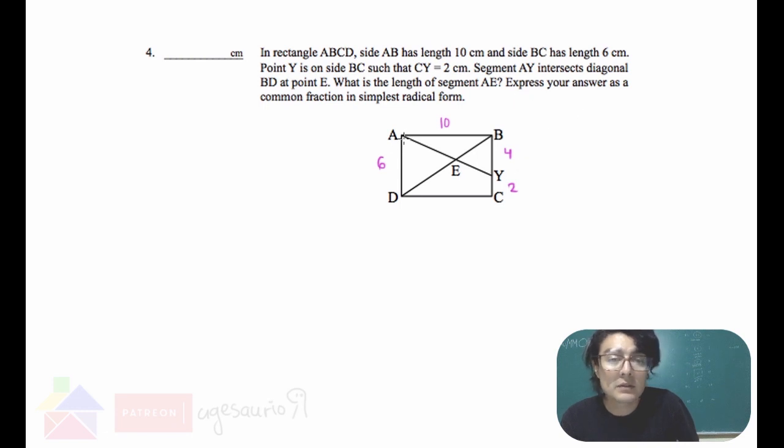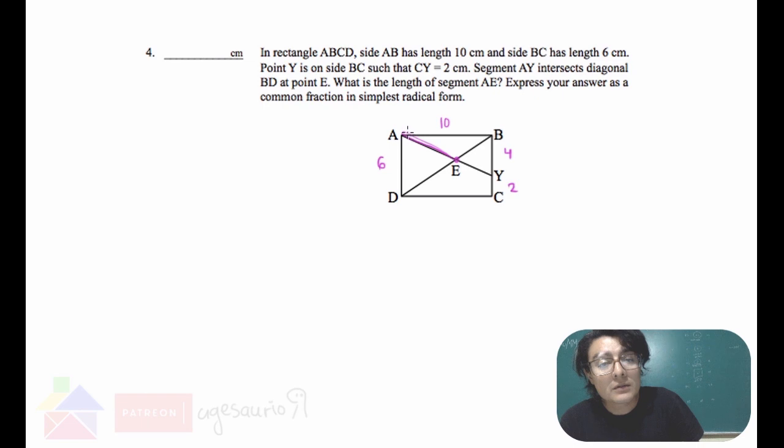So we do AY segment crosses over BD at point E, and we want to know the length of segment AE. Okay? Express your answer as a common fraction in the simplest radical form. Alright, so this is a two-step problem, right?